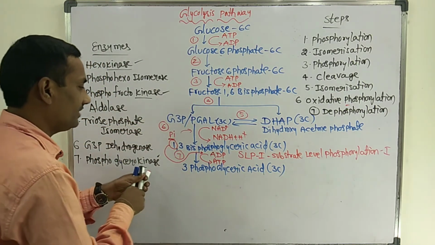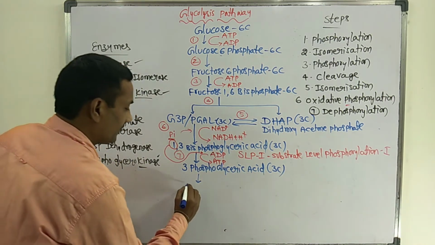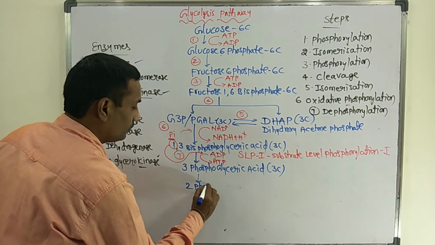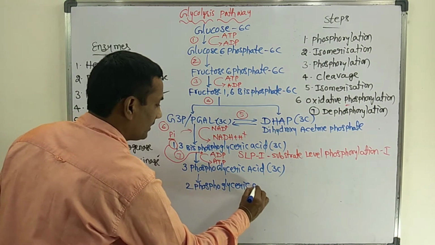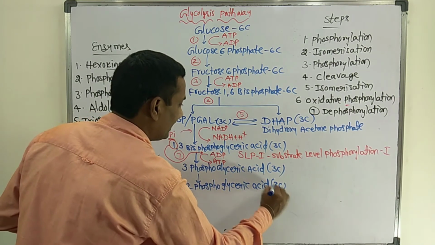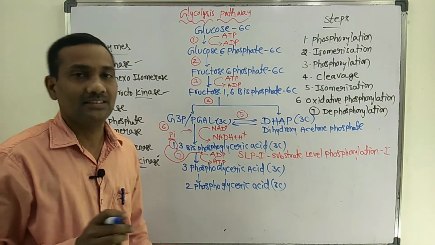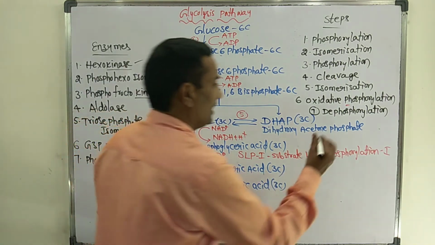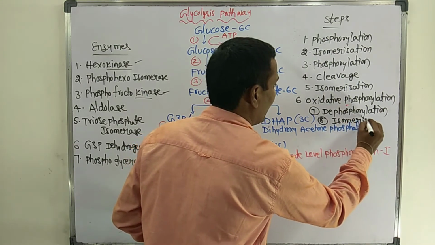Next, the 8th step. 3-phosphoglyceric acid converts into 2-phosphoglyceric acid. It is also a 3-carbon compound. This is an isomerization step. The 8th step is called isomerization.